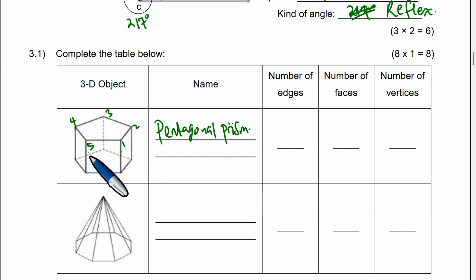Then you have 6, 7, 8, 9, 10, 11, 12, 13, 14, 15. In other words, the total of 15 edges.